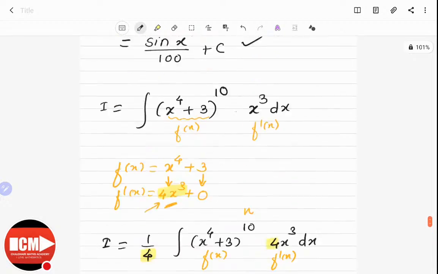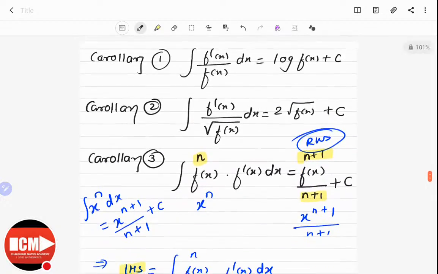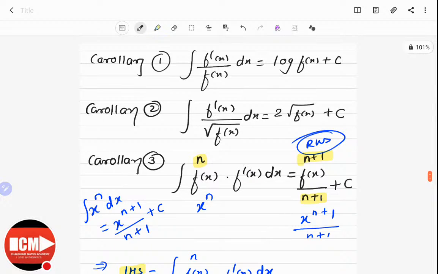So I hope all these three corollaries are clear to everyone. So friends, here I am asking once again, is there any doubt in these corollaries? Corollary number 1: integration of f dash of x upon f of x is log of f of x plus c.